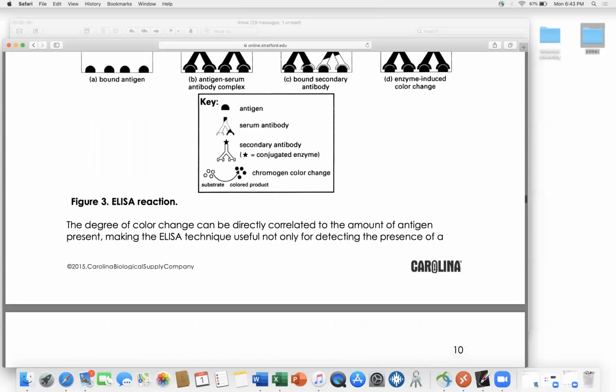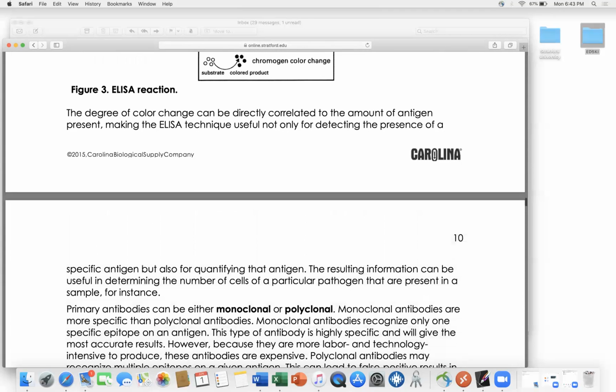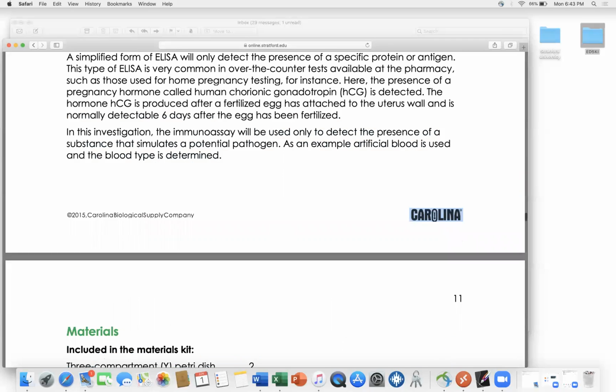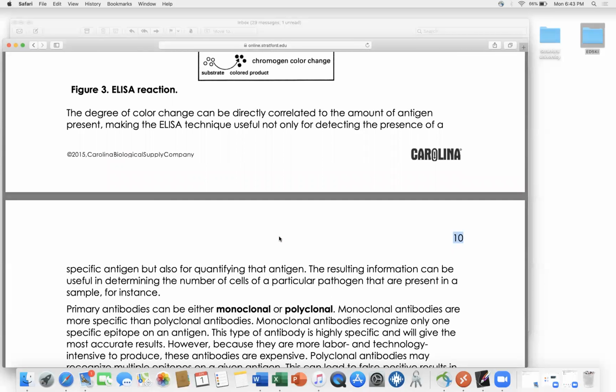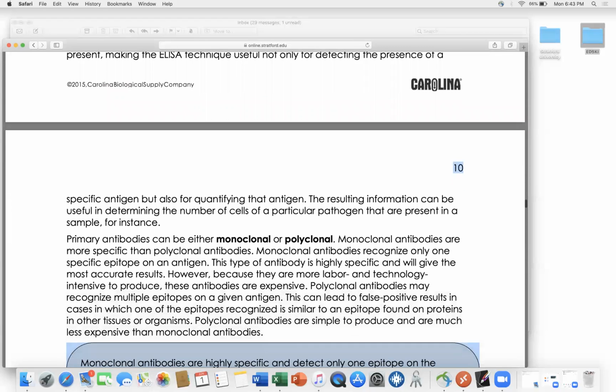Now, real quick regarding ELISA, because everyone's talking about viruses and things like that. How do you detect the presence of a specific antigen for something? You attach an antibody onto something. First of all, what does ELISA stand for?